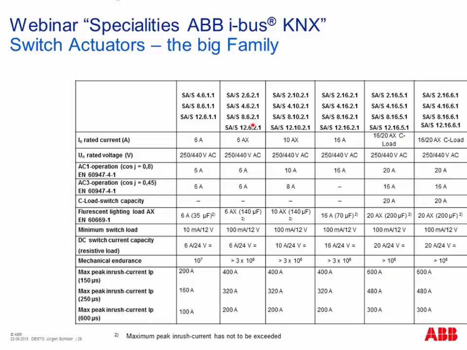A big topic is to select the right switch actuator depending on your load, which has to do with the power behind, with the kind of load behind. And there we are very, let me say, honest and clear in our statement because we have a selection table. In the selection table we give you a lot of information regarding the relays and also depending on the load, how much power per relay can be connected.